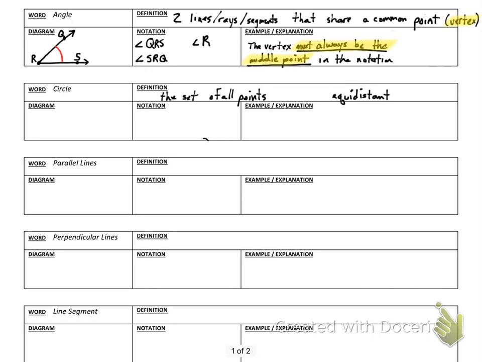The set of all points equidistant from the center point. Now that term, I'll give you a second to write. The set of all points equidistant from the center point.